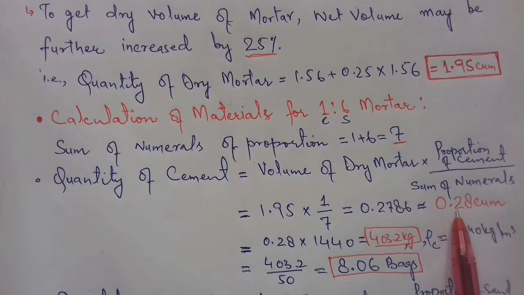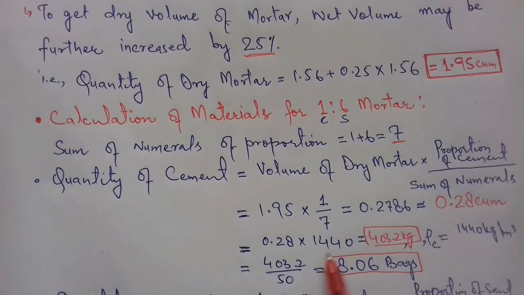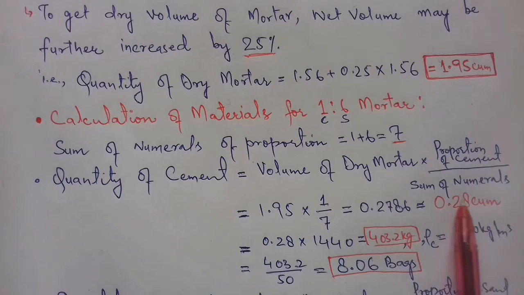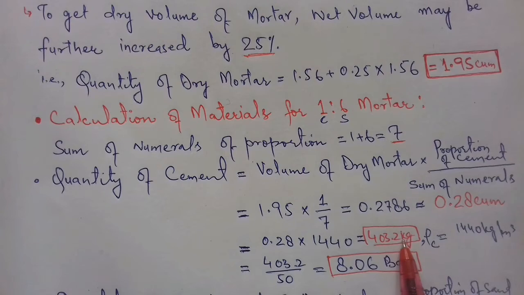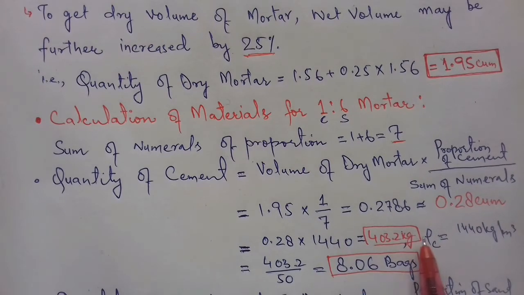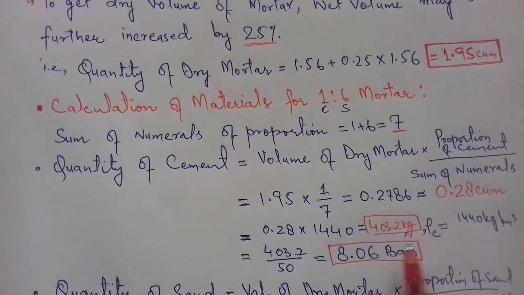If we have to convert this quantity into kg, we need to multiply it with 1440, that is equal to 403.2 kg, where 1440 kg per meter cube is the unit weight of cement.